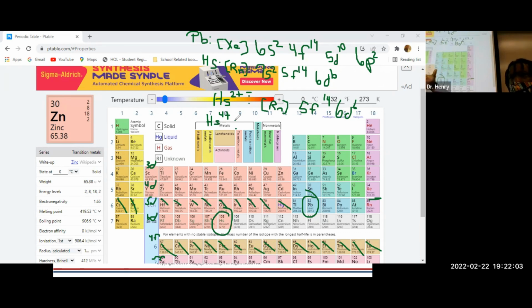It's easier to take from the outer shell, even though it's lower in energy, because it's easier to get to. So this one would be Rn 5f14 6d4.